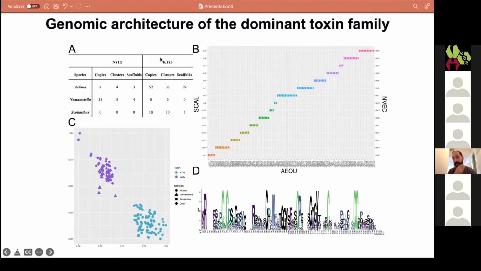We could then compare to see whether there is any synteny shared between these toxin families. What we see here in this Oxford plot on the right is that these three species broadly share a macrosyntenic relationship. However, when we explore these toxin families, we see no macrosynteny shared.